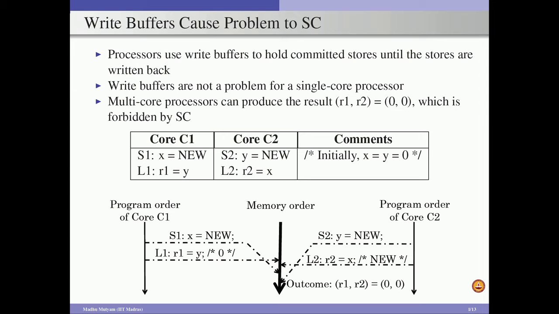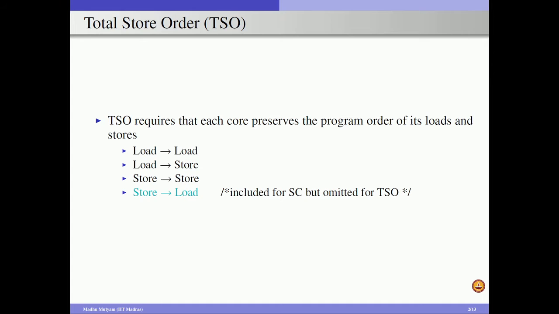So that means we want to go ahead with subsequent load instructions after any store instruction. In other words, we want to relax one particular order among the sequential consistency orders, that is store followed by a load. If we relax that, then we can expect 0 0 as one of the valid outcomes for this piece of code. That is what the total store order memory consistency model says.